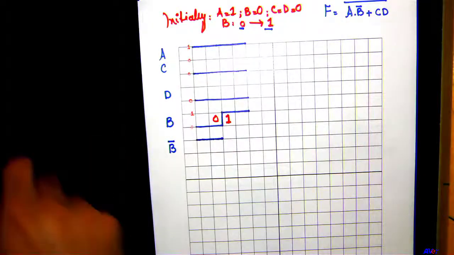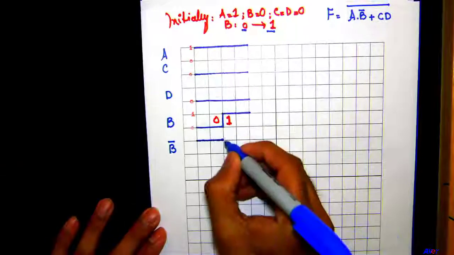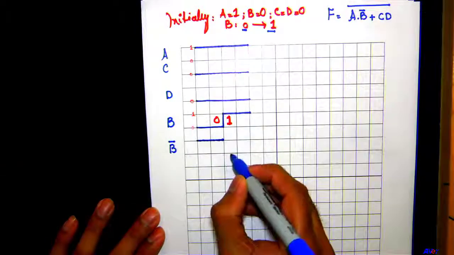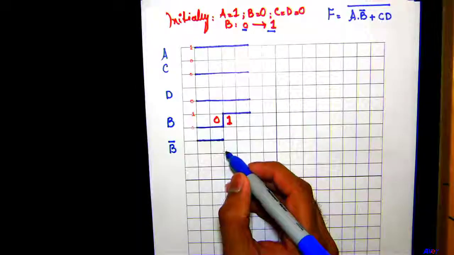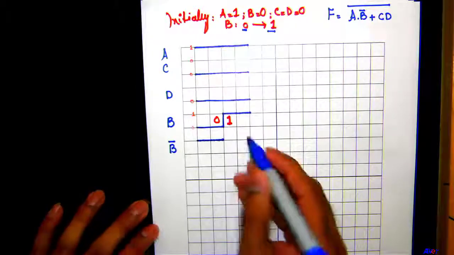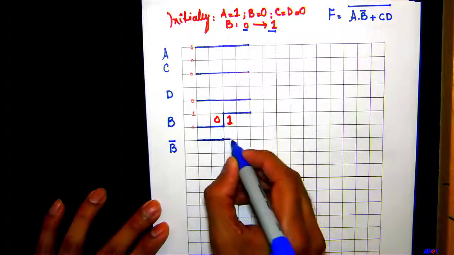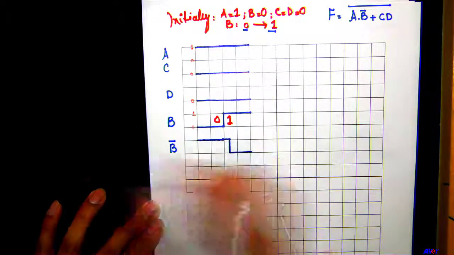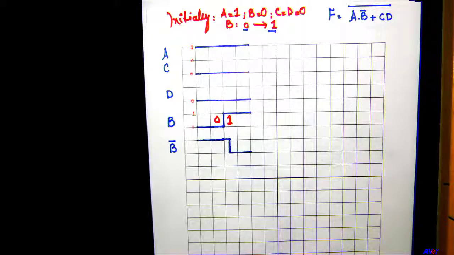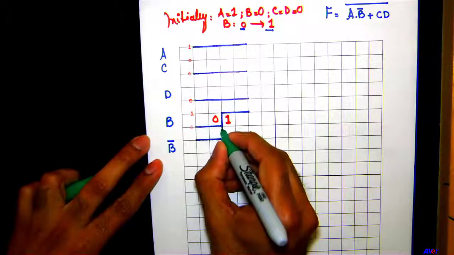What would happen here? Will this immediately go to 0, or is there going to be a delay before it gets to 0? Yes, David? There's going to be a slight delay, and then it goes to 0. We will refer to this delay as a propagation delay.